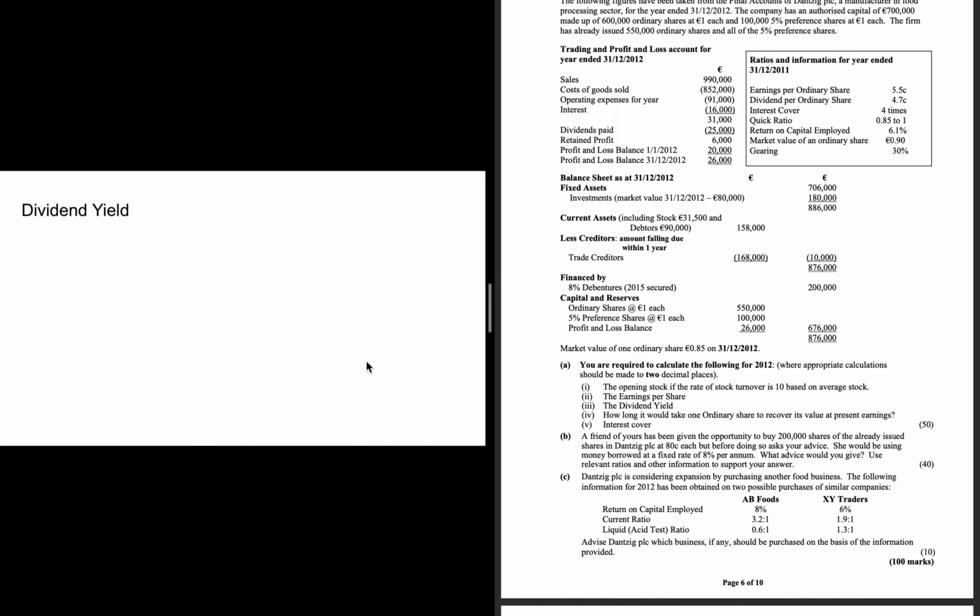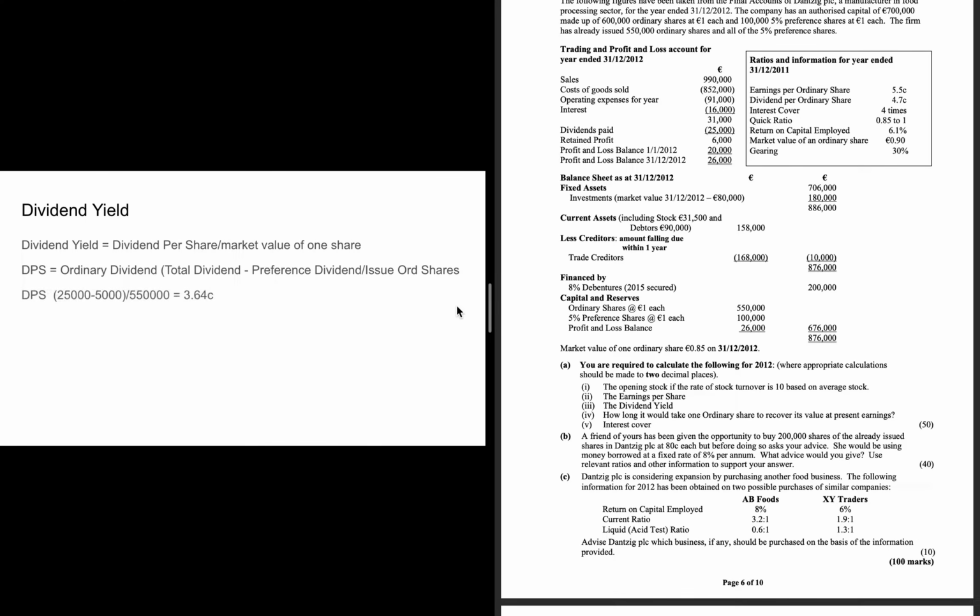Dividend yield then is dividend per share over market value of 1 share. You need to find the dividend per share to be useful later. So it's the total dividend, 25, minus the preference, 5, so that's 20,000 over the issued ordinary shares, 550. Again, it'll be 0.0364.